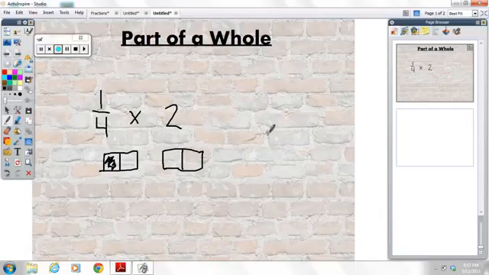But this one box that I created doesn't stand for 1/4, because when I put this line down the middle, I created halves, because this half and this half equals this one whole box. So really I created 4 total halves. I filled in one box, which is really equal to 1/2.